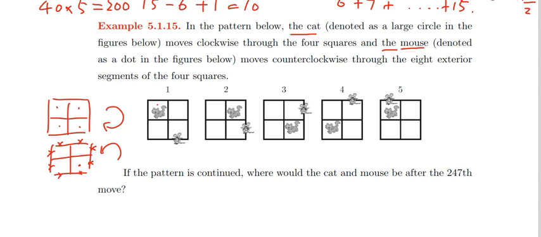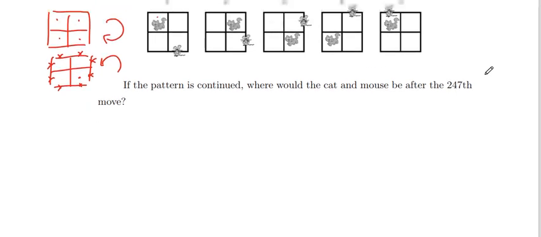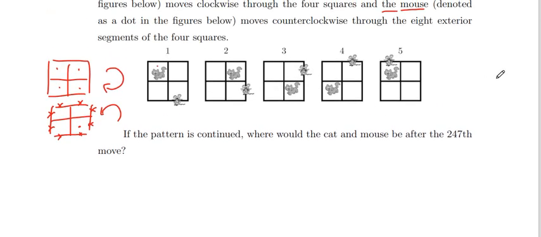So we can say the cat repeats. We say the cat's period is 4. After 4, it's the same, right? So the mouse's period is 8. We want to find the position after 247 moves.